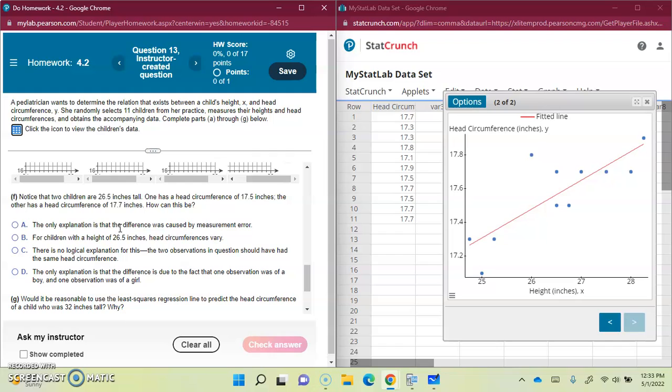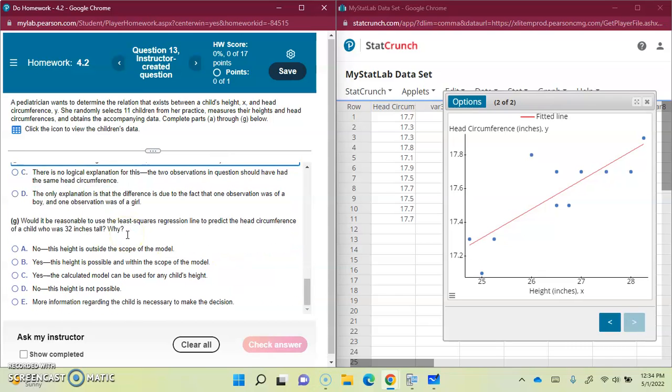It's just data, just measurements, and we are just trying to make predictions based upon the height. We are not saying that all children with the same height have the same head circumference. So is the only explanation measurement error? No, it's feasible. For children of this height, the head circumference can vary. So only this one is correct, the difference is due to the fact that children vary.